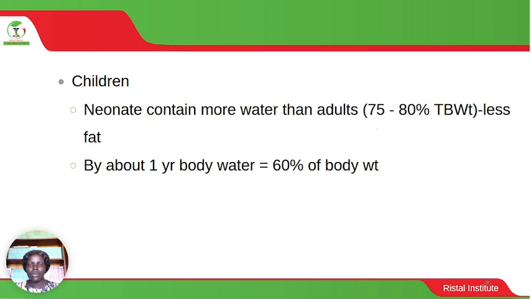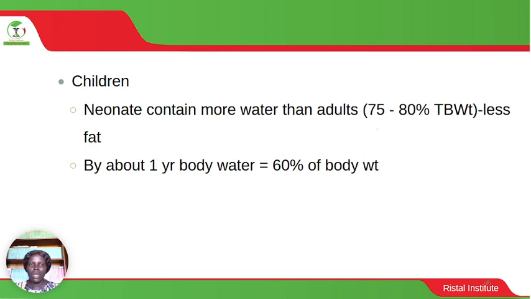Water makes up 75 to 80% of the total body weight in neonates, and they have less fat. That is why newborns have to be properly taken care of so that they do not suffer from hypothermia, since they have less fat.